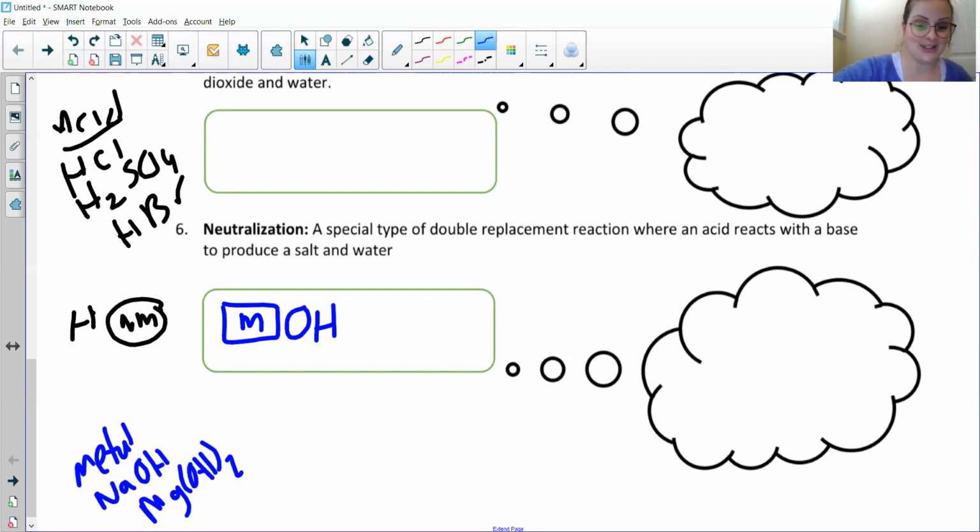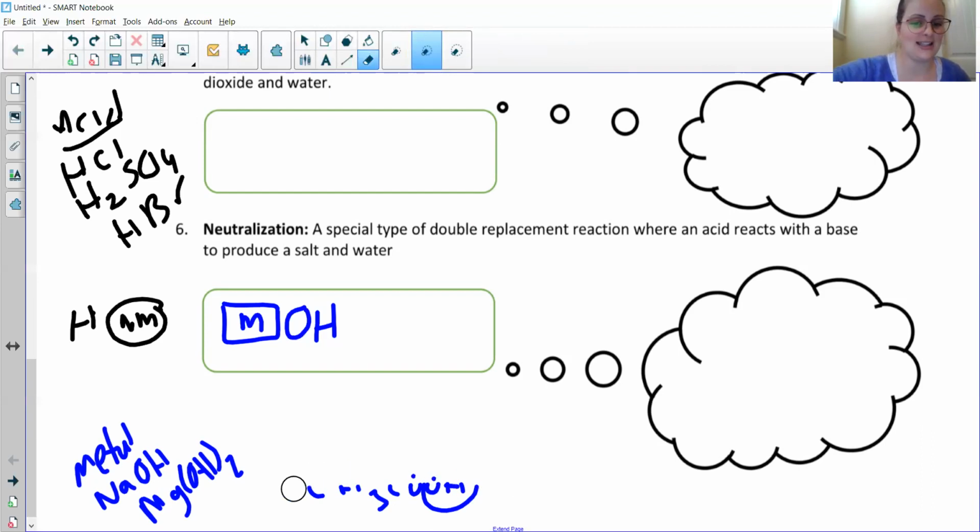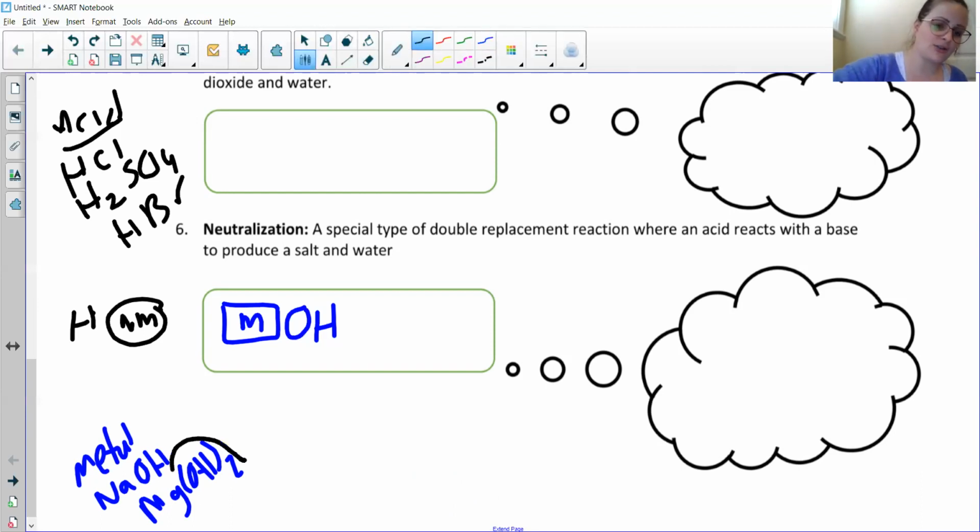Okay. The exception is you'll see CH3COOH, and it'll look like it ends with OH, but that's the weird one that is actually an acid. Now, what makes a base is that when it's dissolved in solution, the hydroxide ion will break off from the compound.